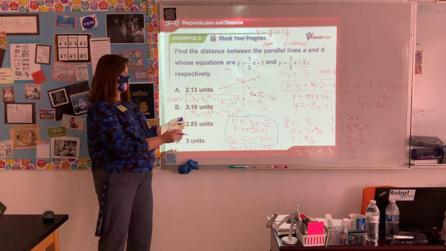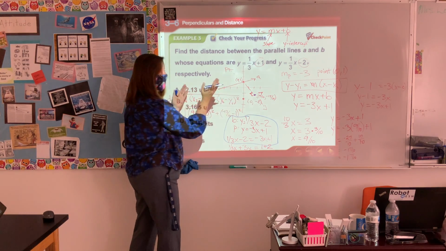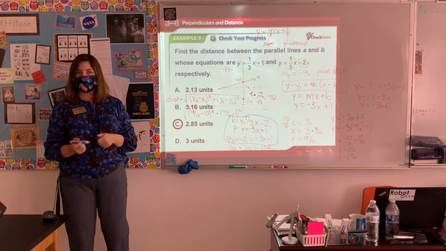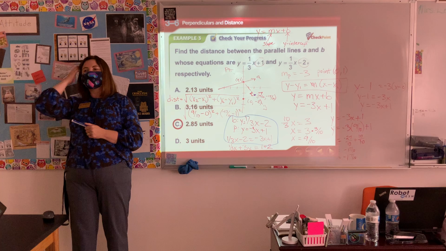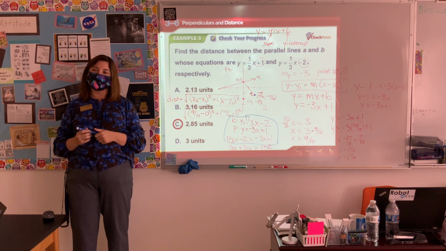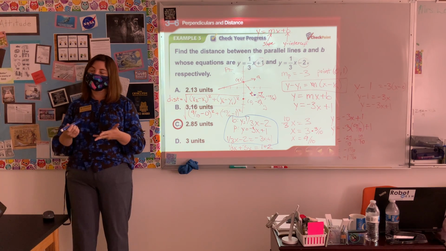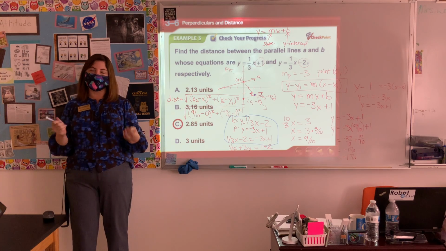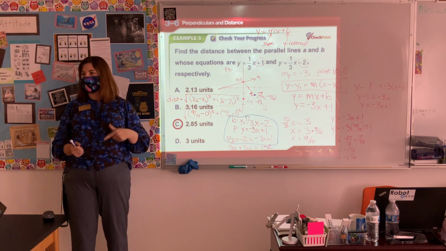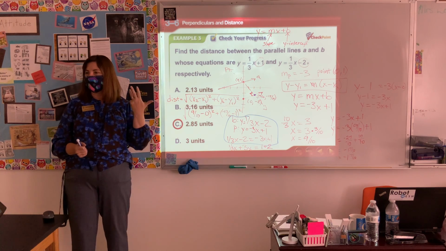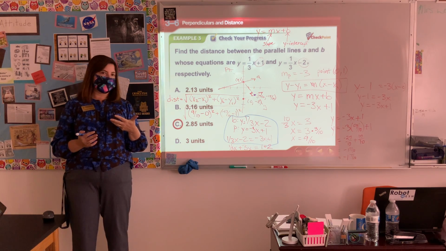And then from there, now I know these points, find that distance. So it's not anything more difficult than before, other than the fact that we're like, okay, now drive. Now we're expecting you to put all those pieces together: slope, distance formula, perpendicular, parallel, equations of lines.